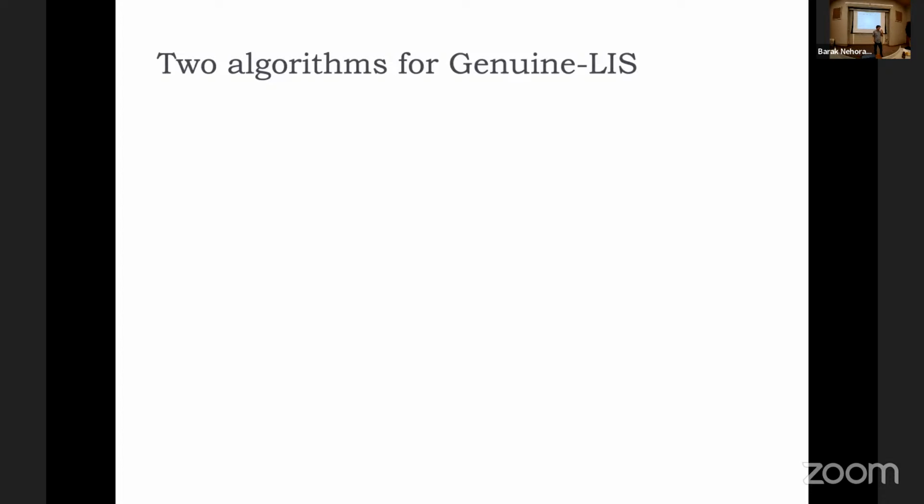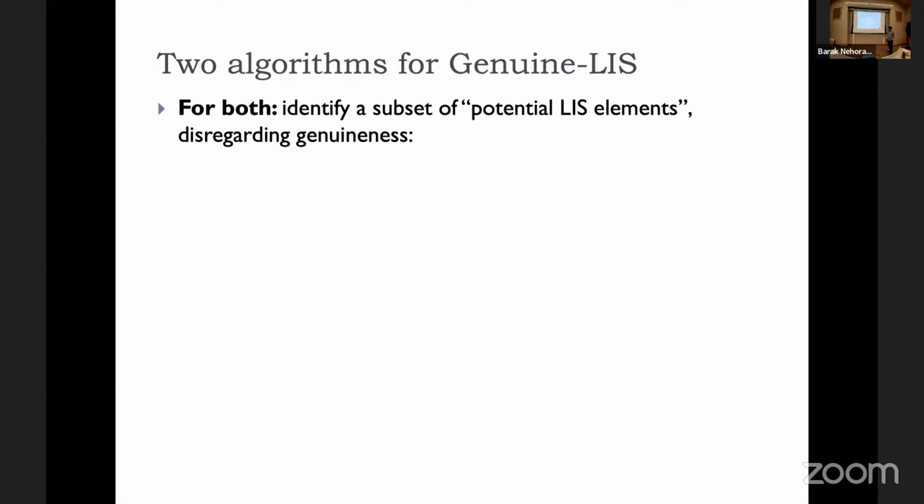So the thing that remains at this moment is to solve this Genuine-LIS problem. There will basically be two algorithms, and they start from the same point. First of all, we identify the Genuine-LIS problem, we're back to solving that one.